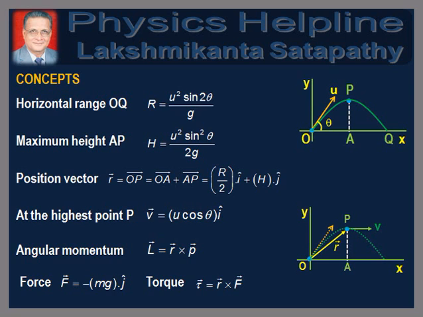Therefore, we write F is equal to minus mg into j cap, and torque acting on the particle at P is given by tau is equal to r cross F. Now we are in a position to solve the problems in the question using these concepts.